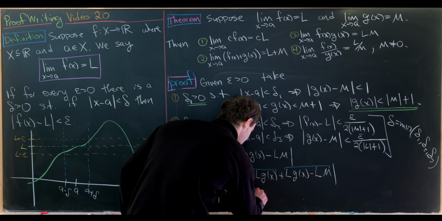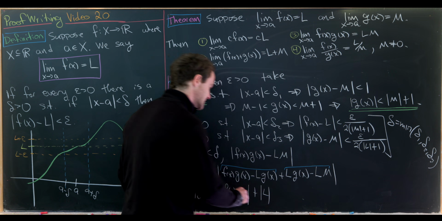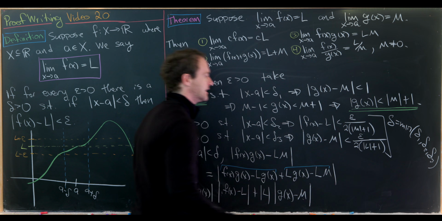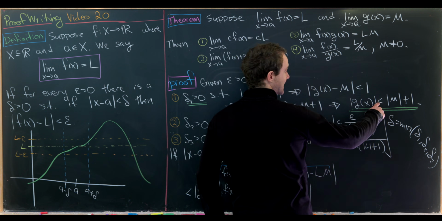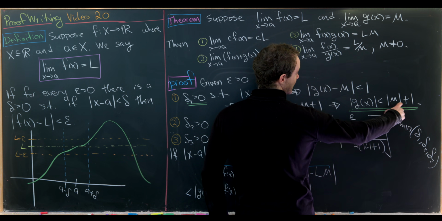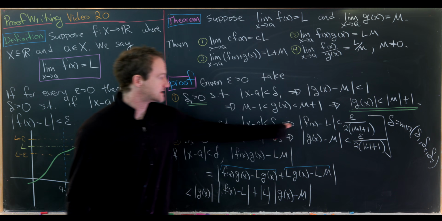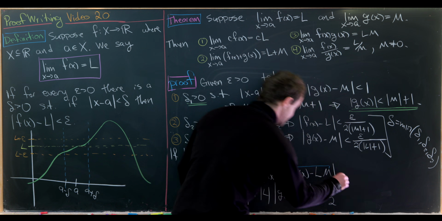And then we'll have plus the absolute value of l after pulling that out, times the absolute value of g of x minus m, which is what's left over after that. But now let's notice that the absolute value of g of x is less than the absolute value of m plus 1. So that'll cancel this f of x minus l's denominator down to epsilon over 2.